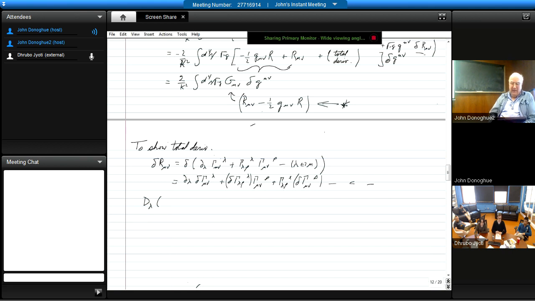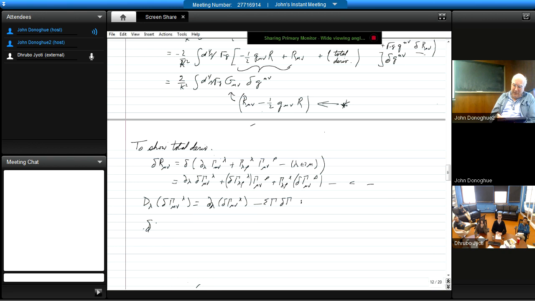And the covariant derivative, d_lambda of delta gamma^lambda_{mu nu}, is this derivative lambda plus, again, there's too much copying here, there's a sum of these delta gamma pieces.